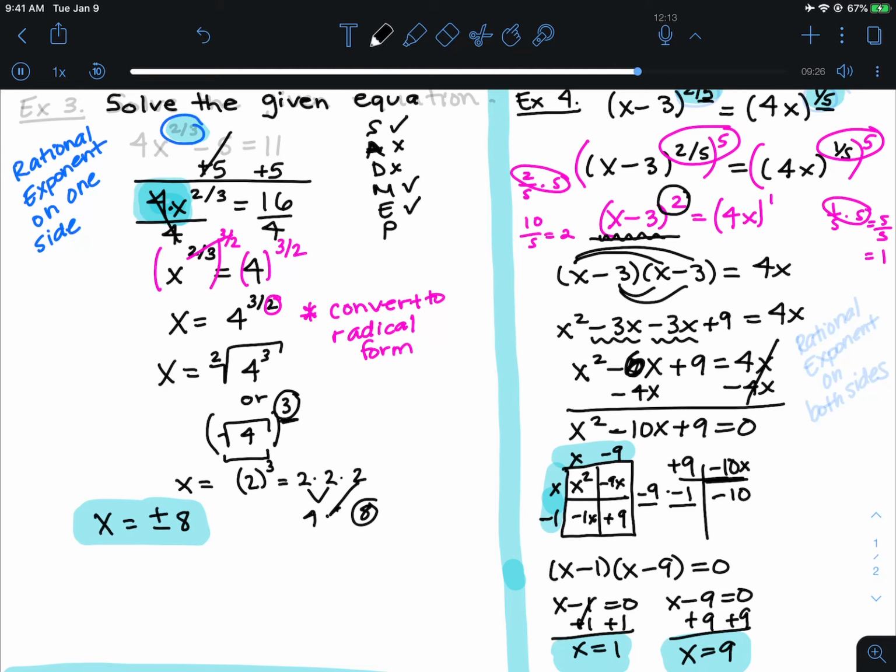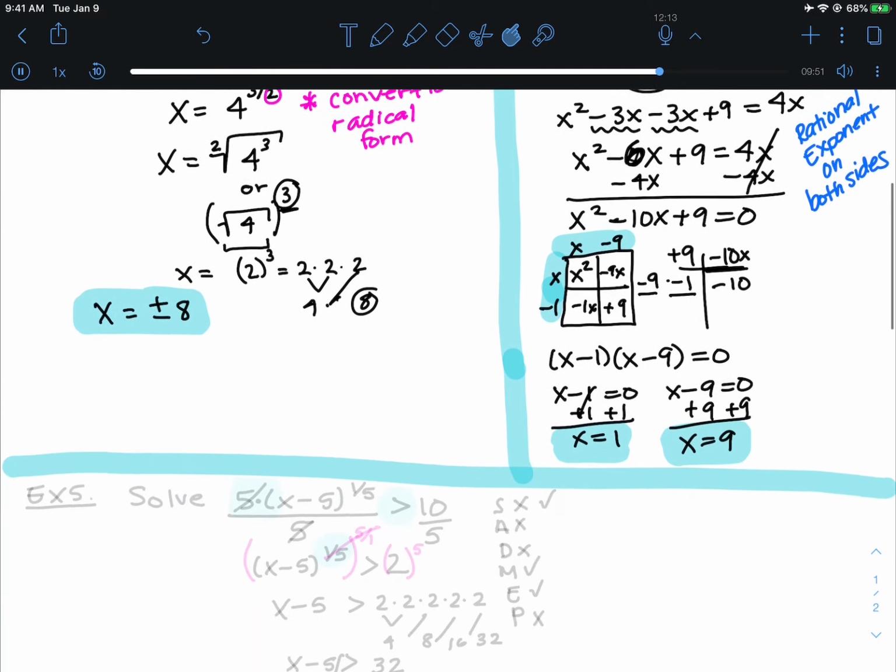This was on one side. And then over here, example number 4 is when you have a rational exponent on both sides. So I had this here and then I had this here. Just a heads up on that. So now we're going to move on to the next example.